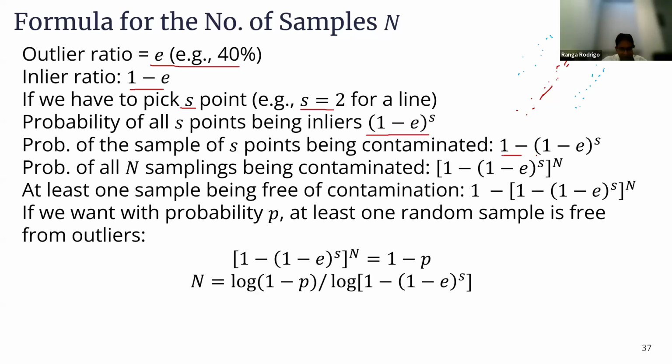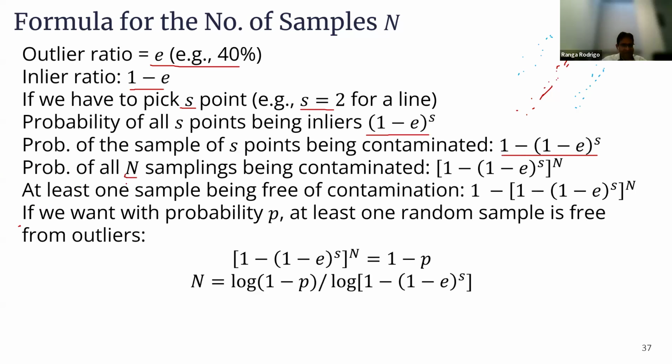So we have to get 1 minus the probability that all are inliers. So this is the probability of a sample of S points being contaminated. So this sample is contaminated, it's bad. So the probability of all N samples being contaminated. Let's say we do this sampling 10 times. All 10 samples are contaminated.